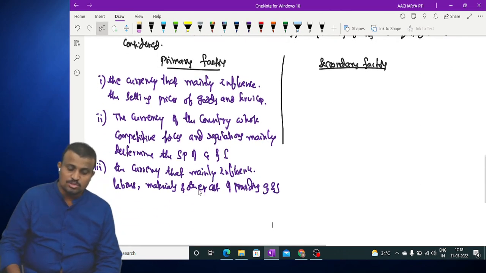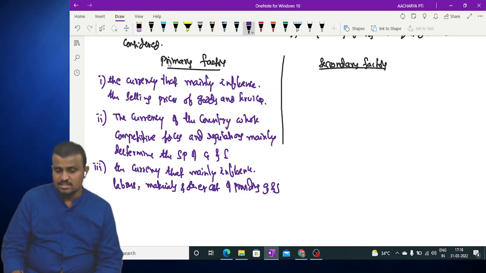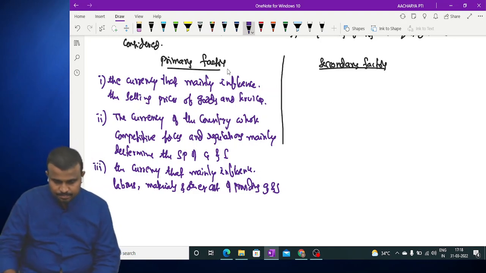So here, three factors are there. These three factors are treated as primary factors, which are considered before determining the currency as a functional currency.